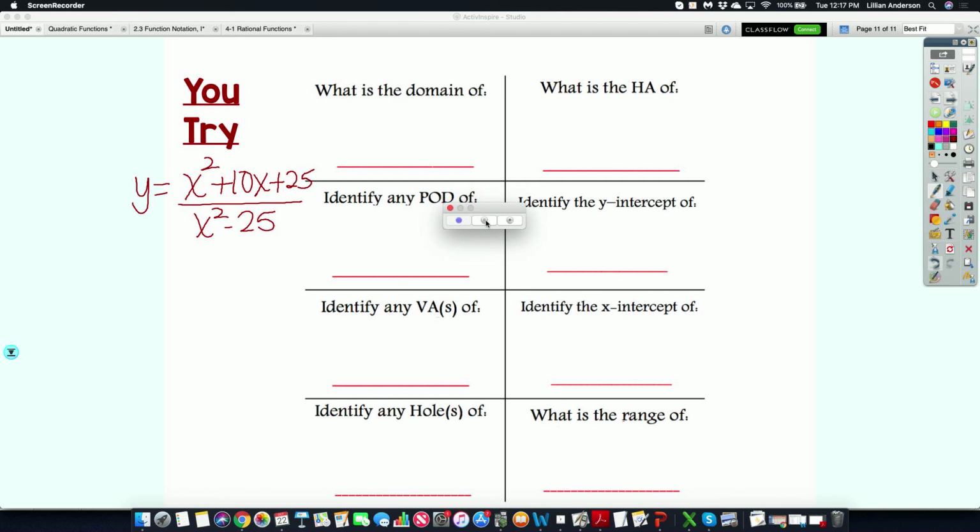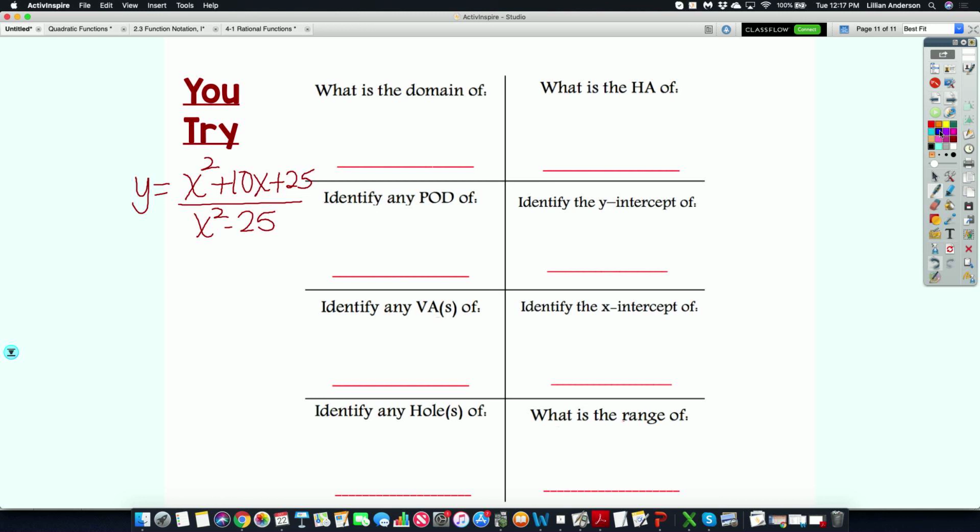All right, so let's take a look at this. We're finding all this information. Now, this is more like what you're going to be doing here. I'm going to give you a rational function. You have to find all this information about it, okay? At least for your homework tonight, that's what it's going to be. Giving you 4 functions, and you have to basically tell me all this information about those 4 functions, okay?